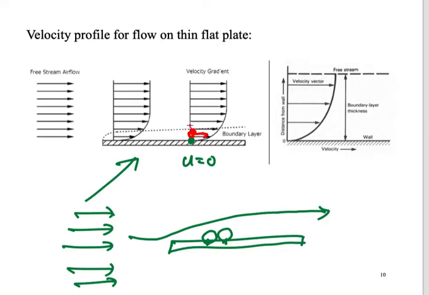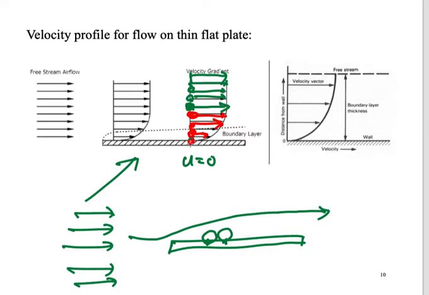Then the next molecule will move with a little bit higher velocity and so on, until at one level we find that the velocity reaches its maximum. The next molecule here will also move with the maximum velocity. So we could draw the velocity profile like this one.